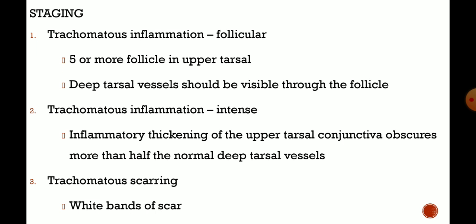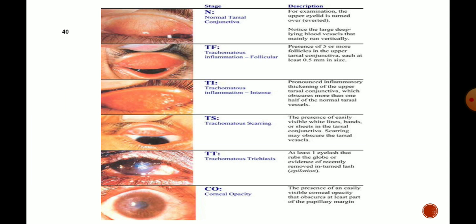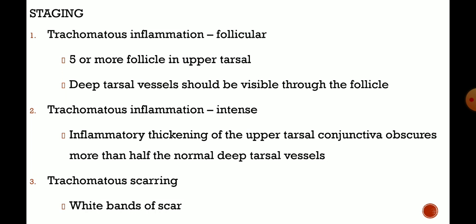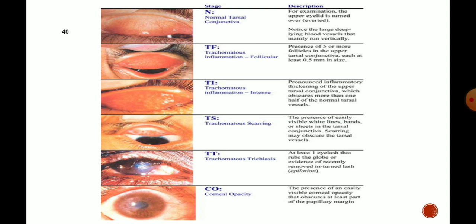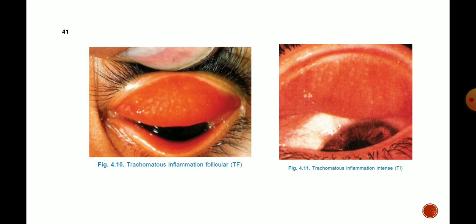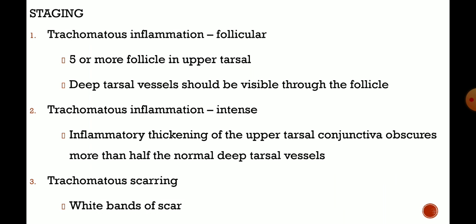So what is the staging? Trachomatous inflammation can be follicular, it can be intense, it can be scarring. The staging is given by WHO, that is TF, TI, TS, TT, CO. Trachomatous inflammation follicular means you can see 5 or more follicles, and through the follicles you should see some vessels.